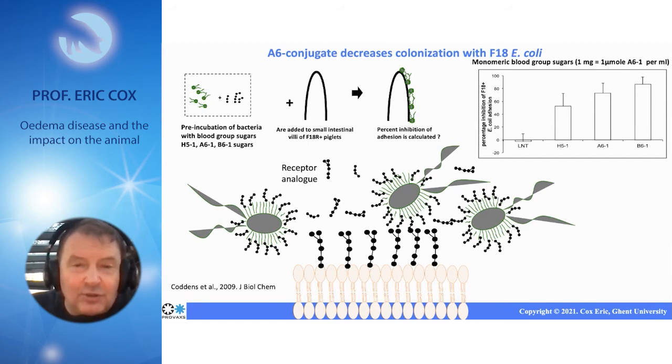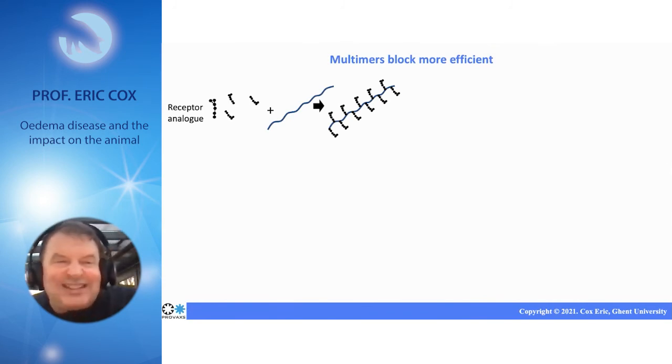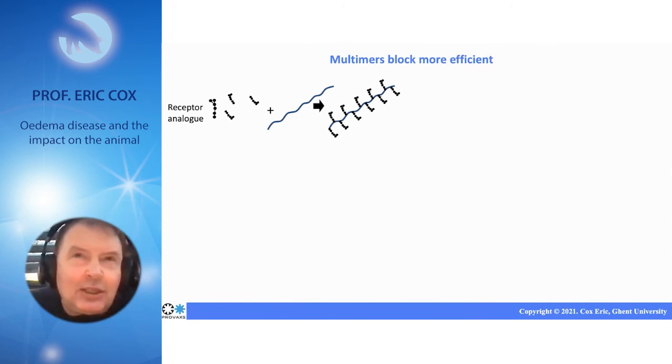quantity of sugars. So we went one step further and conjugated this sugar to a carrier. And by conjugating it to a carrier, you can make multimers. So a carrier which is carrying different sugars on its surface.